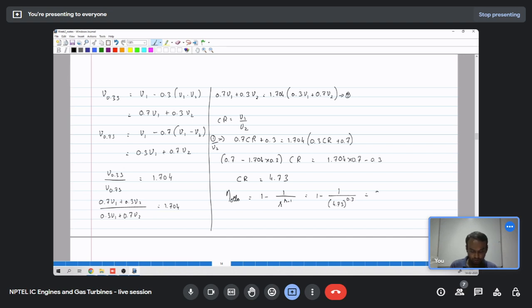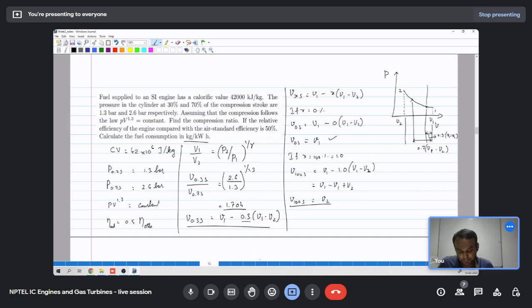So we have 37.26%. And the relative efficiency with respect to the air standard cycle is 50%.